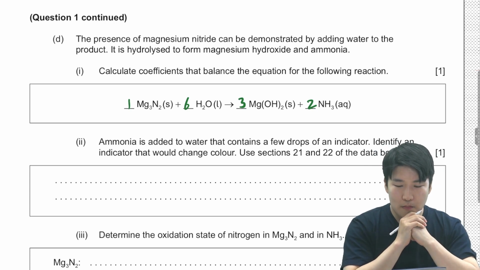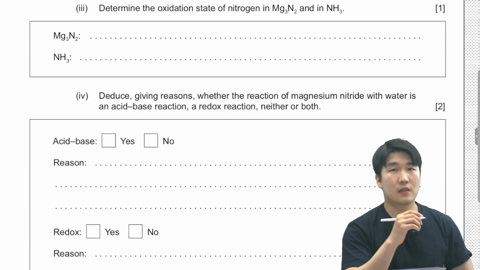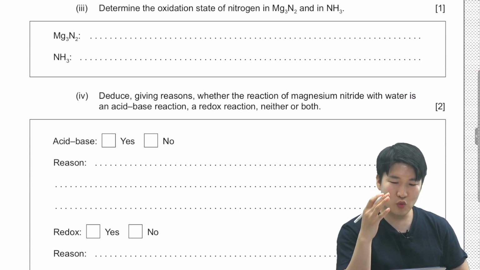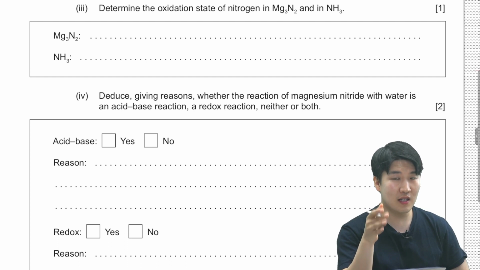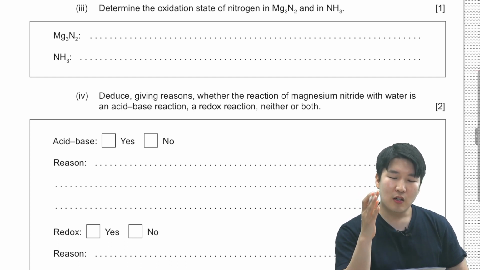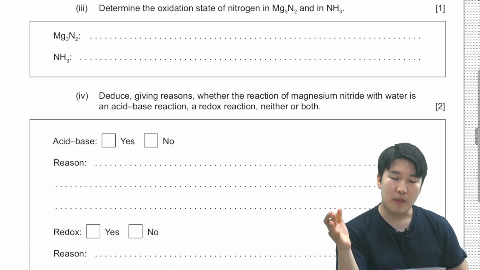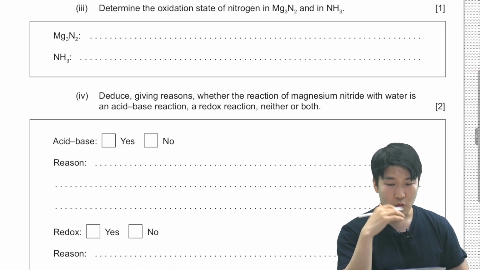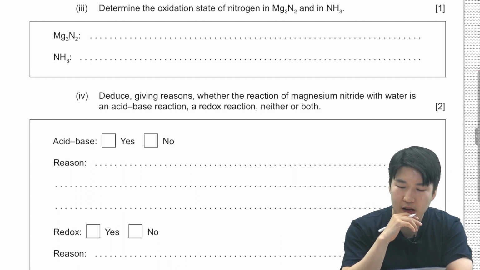They are well balanced. Still with magnesium nitride and ammonia, but this time we're moving on to the topic of oxidation state determination. What's the oxidation state of nitrogen in the 2 compounds? Well, nitrogen is the nonmetal, so it will be the anion in magnesium nitride.